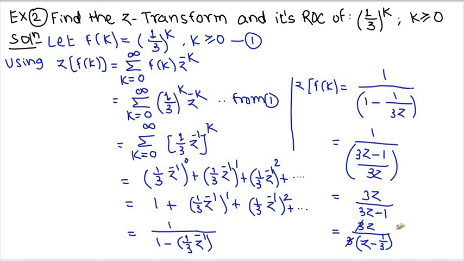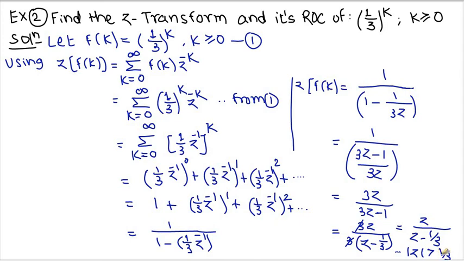Okay, now this is equal to z divided by z minus 1 divided by 3. This is the required z transform of the given function with region of convergence. So what will be the region of convergence? ROC: mod of z is greater than 1 by 3, that means the first value is greater than the second value. This is said to be the region of convergence.